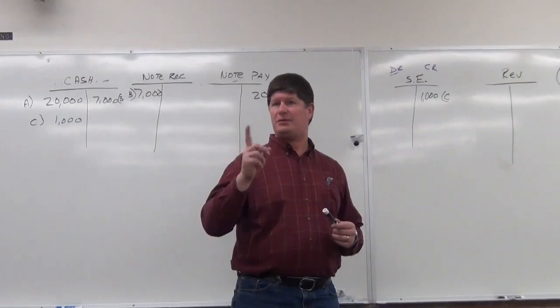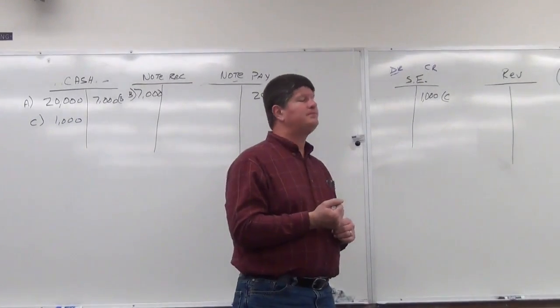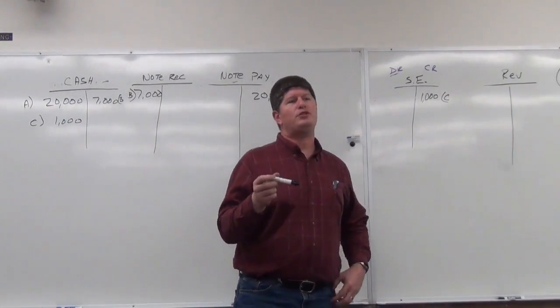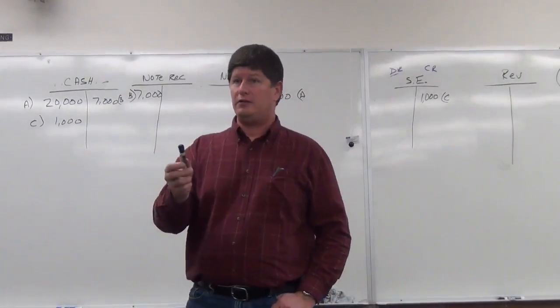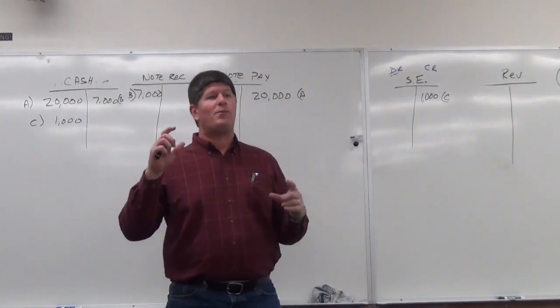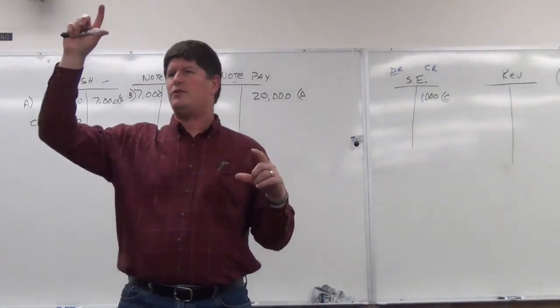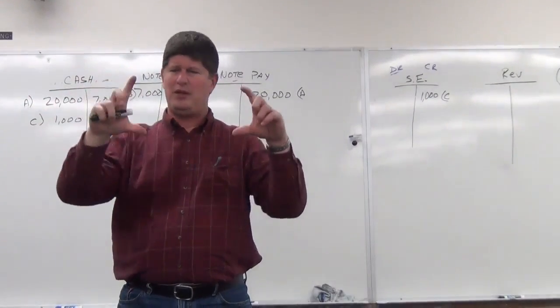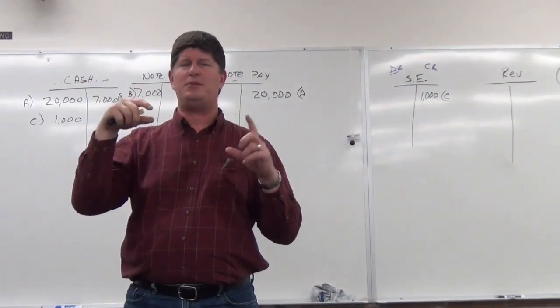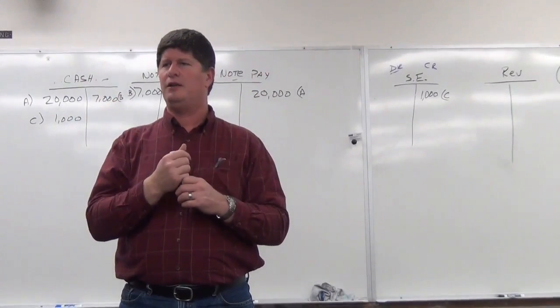Let's talk about that, because somebody else asked me before class. So the book mentions stock, which is what we sold here for $1,000. Has anyone ever seen a stock certificate? It's a piece of paper, usually fairly ornate, with a company logo or some picture on it.